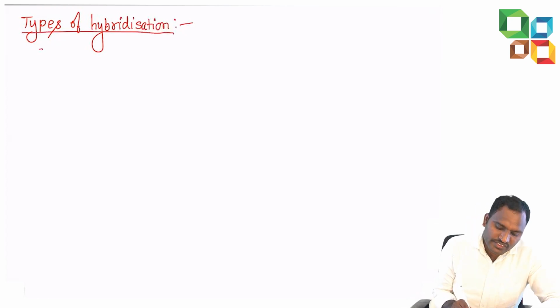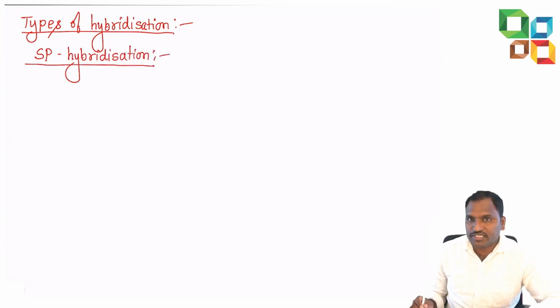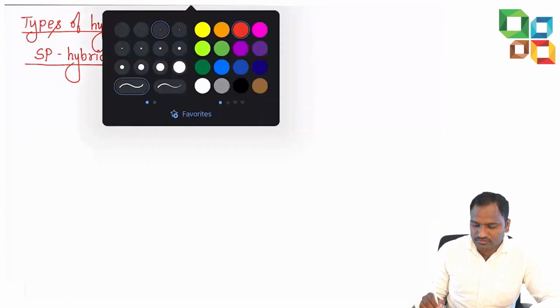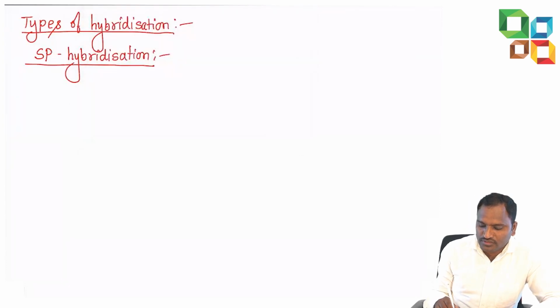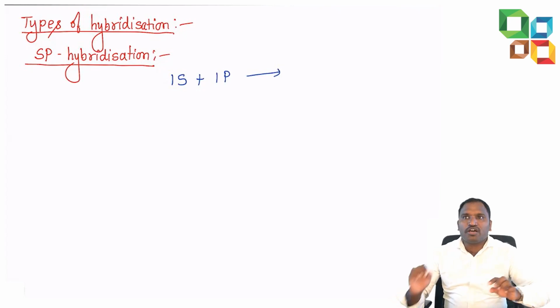First one is sp hybridization. In this, one s atomic orbital and one p atomic orbital will undergo intermixing. So here two atomic orbitals are intermixing.